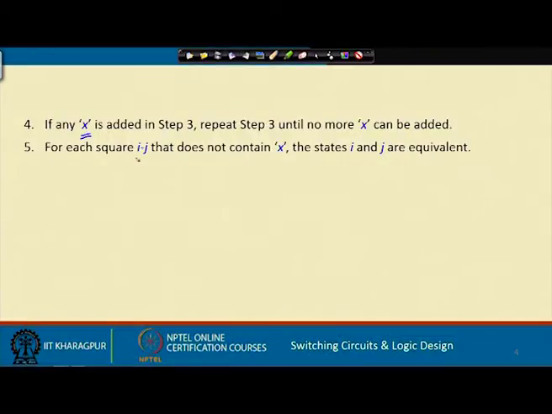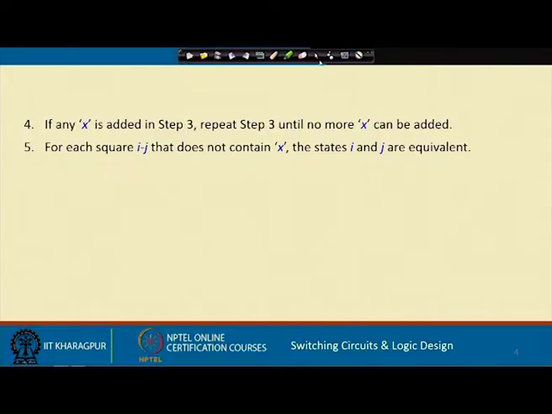You will have to repeat this several times, making changes in the implication table until no further changes are possible. And finally, all those squares that do not contain an x, you can say that the two states are equivalent. This is how the process works.